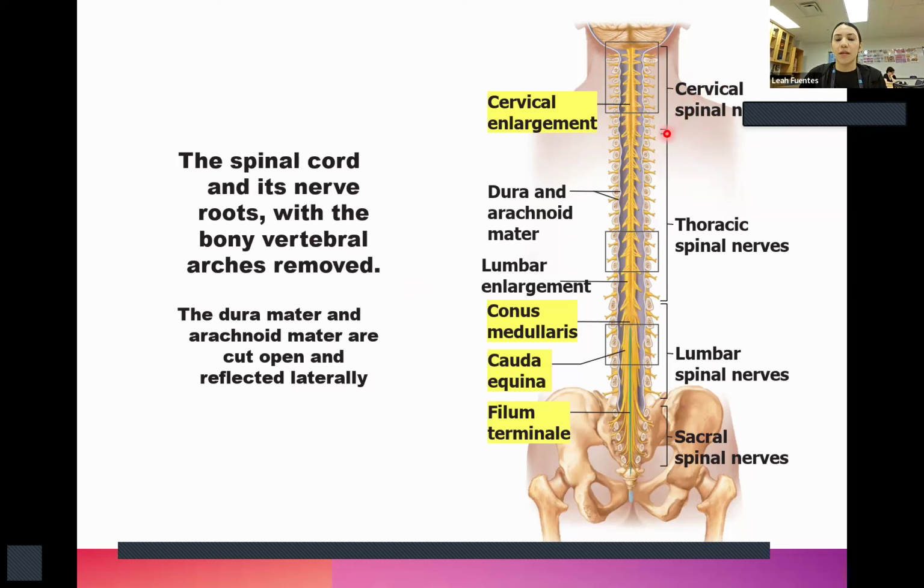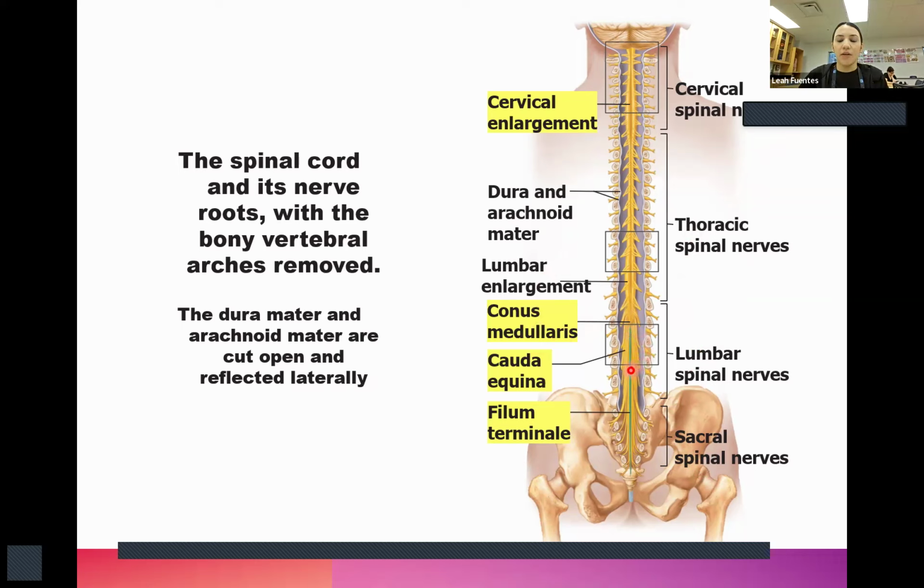So again, cervical spinal nerves up here. Moving down, we have our thoracic spinal nerves. And then again, moving down our lumbar spinal nerves, and then our sacral spinal nerves. So it does follow the same as our vertebrae. We have cervical, thoracic, lumbar, and then our sacrum. We also have cervical nerves, thoracic nerves, lumbar nerves, and then our sacral spinal nerves.